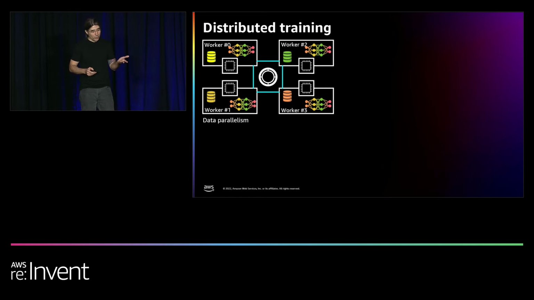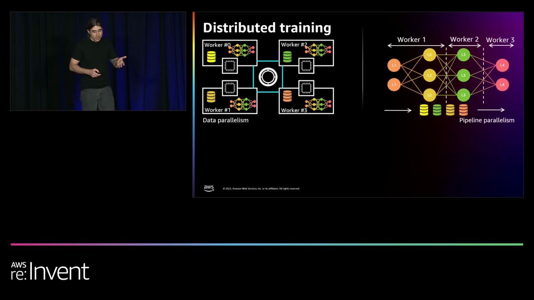But what if your model doesn't fit into the accelerator memory, right? Then you need to use a different strategy. There is another one called pipeline parallelism, where you slice your model using the layers of your model as references. So you load layers 1 and 2 into worker 1, layer 3 into worker 2, and layer 4 into worker 3, right?